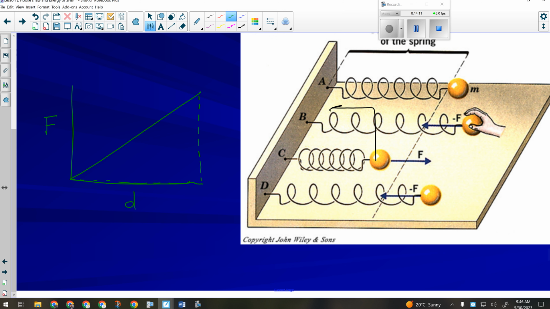How do you find the area of that shape? Right, 1/2 base times height, or base times height over 2. Everybody okay with that idea? So 1/2 base times height. What's on the base? Distance. In Hooke's law, that's symbolized with what? x.